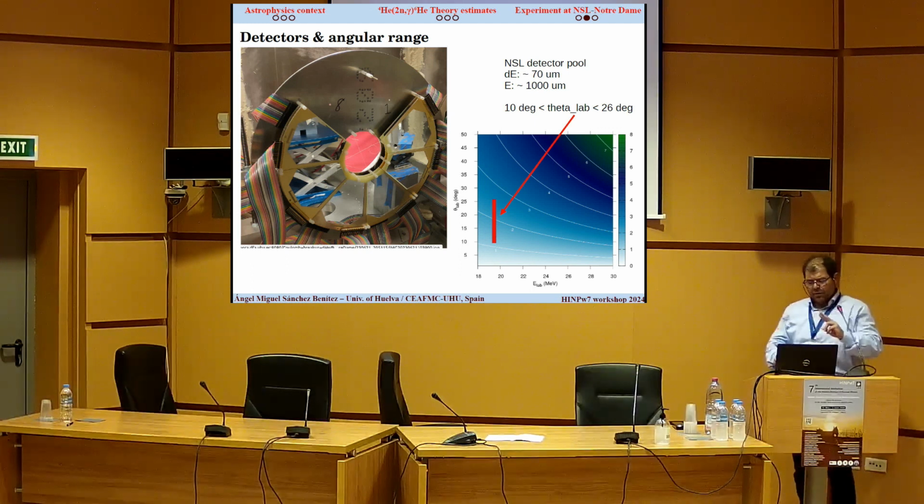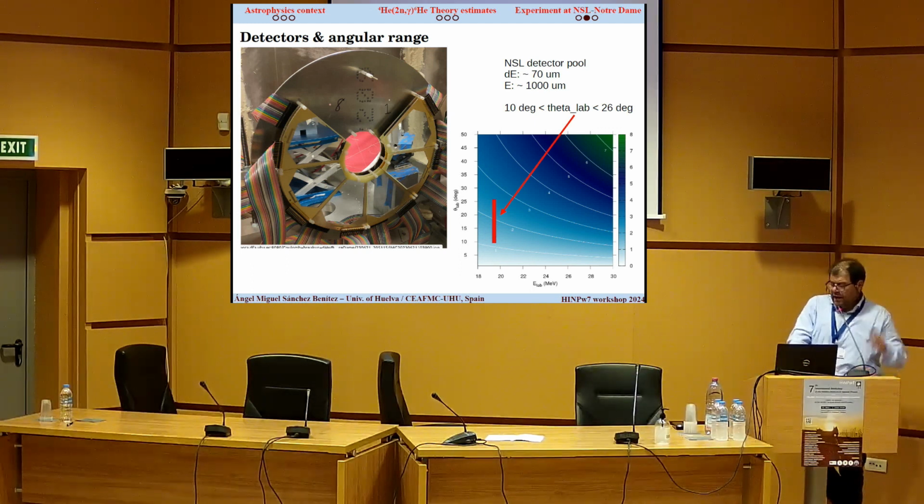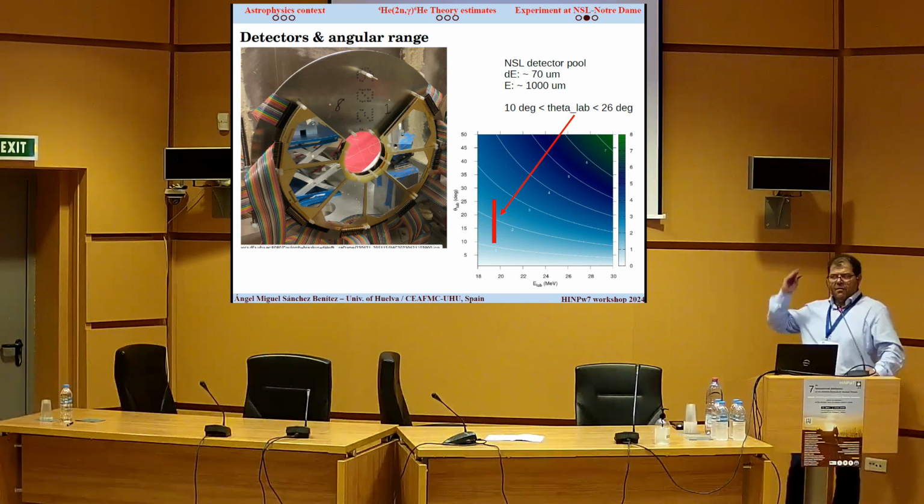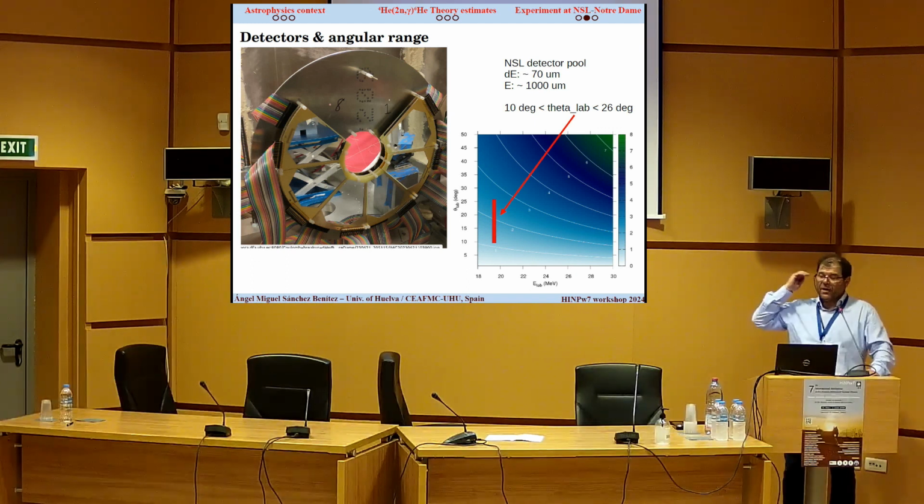We have two scenarios there. First, if we guarantee conditions for pure Coulomb breakup, that means very forward angles and energies below the Coulomb barrier, then in principle this is not an uncertainty in the model because we have pure Coulomb breakup.